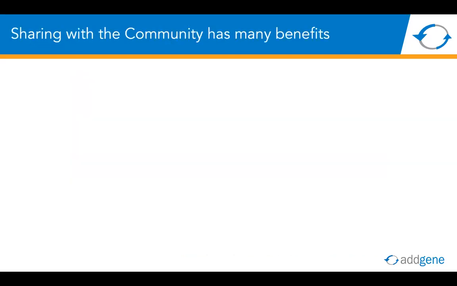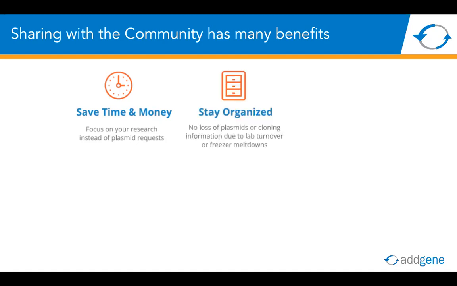And there are many benefits to depositing your plasmids with Addgene. As I mentioned before, it can help you save time and money, so that instead of handling plasmid requests, you can focus on what's important, which is your research. We can help you stay organized, so that you don't lose your plasmids or cloning information due to lab turnover, or if there was an unfortunate freezer meltdown.